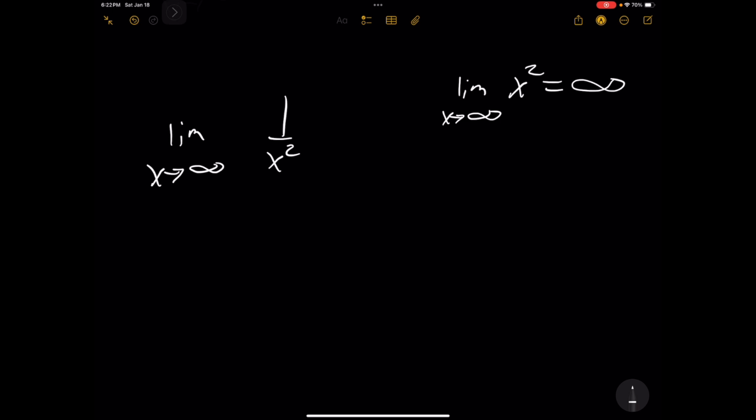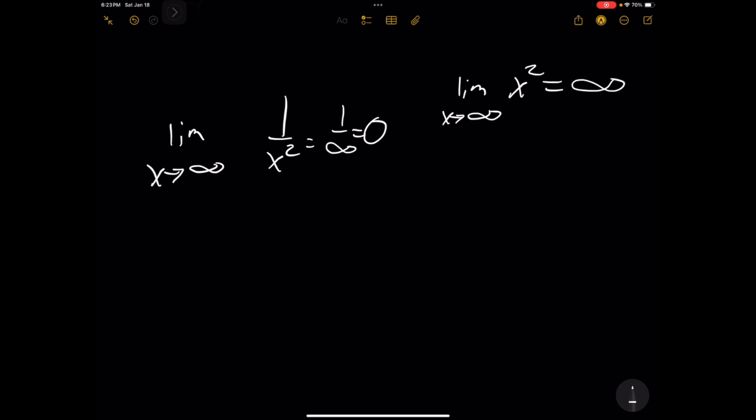And so the limit as x goes to infinity of 1 over x squared should be 1 over infinity. And when we're dealing with limits, we care a lot about what we're approaching, not the exact value. So 1 over infinity doesn't make much sense, but 1 over a very large number is approaching 0.